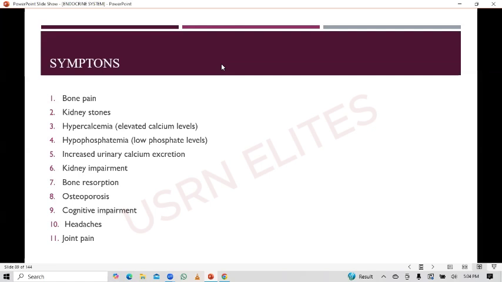Please, can I clarify something here? Yes, please. When you started with the explanation of hyperparathyroidism, you did mention that it's a condition where one or more of the four parathyroid glands become overreactive and produce excess parathyroid hormones.